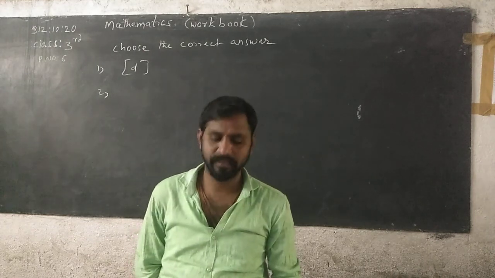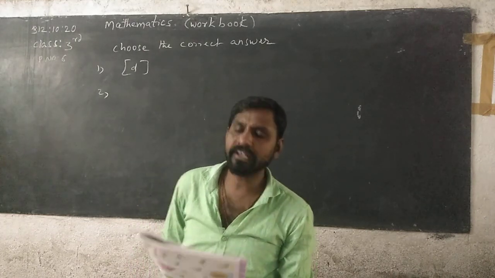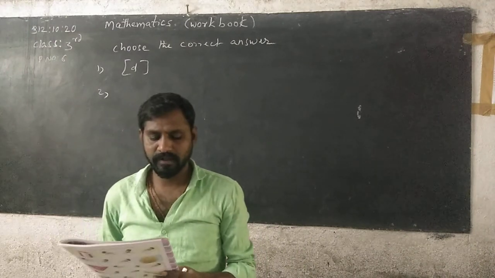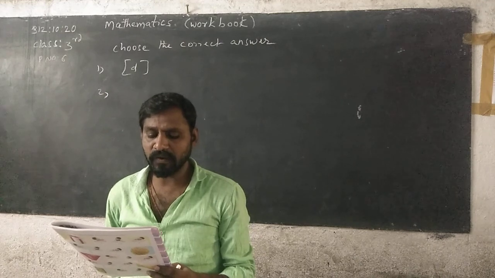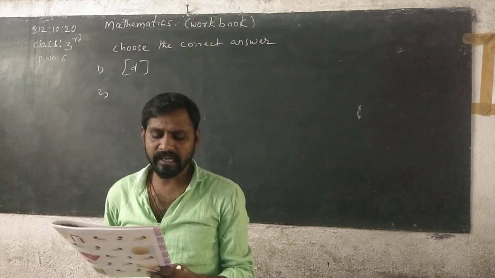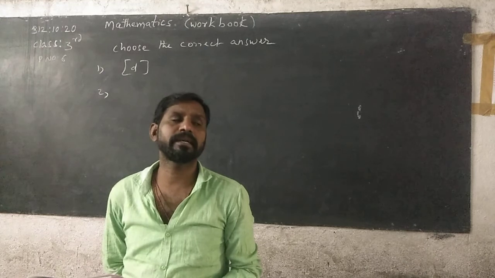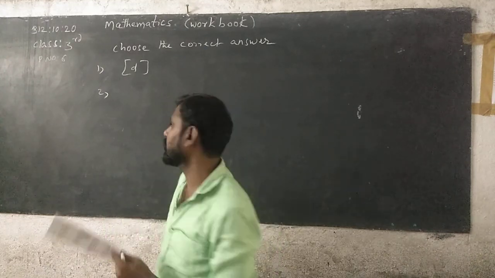Very simple. See here, cube and cuboids. A, cone and cylinder. B, sphere and cone. C, cone and circle. D, cube and cuboids. Answer is cube and cuboid, D.